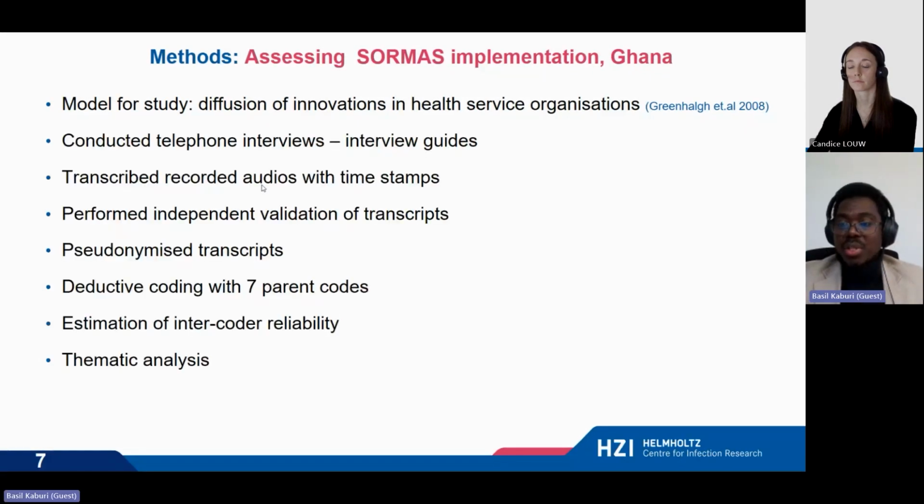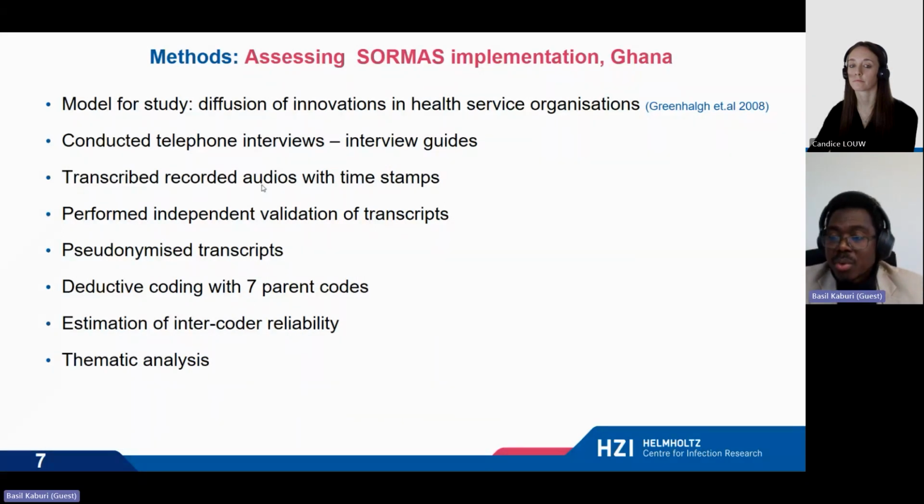And we conducted telephone interviews due to inability to travel and isolation during the COVID-19 pandemic, because the study was conducted between November 2021 and March 2022, and that was the peak of the lockdowns.